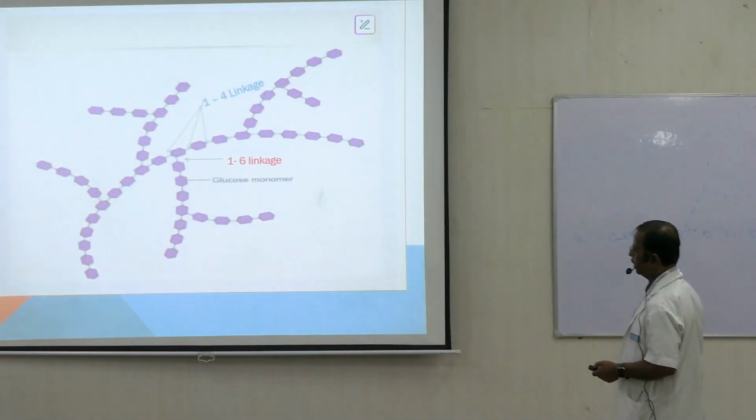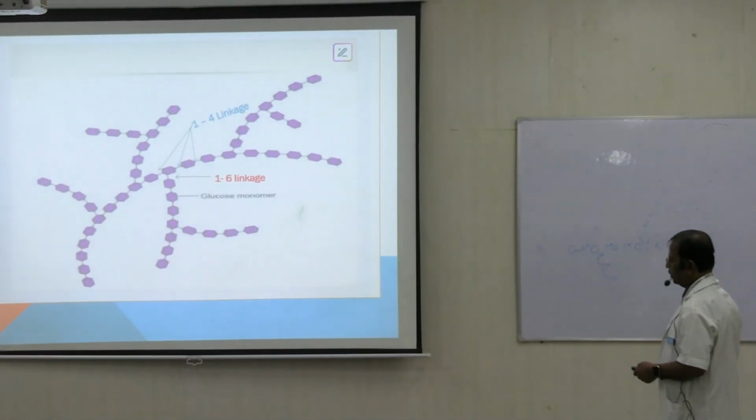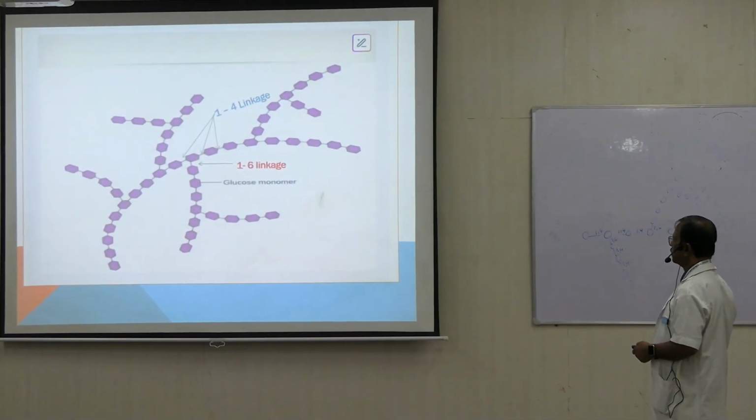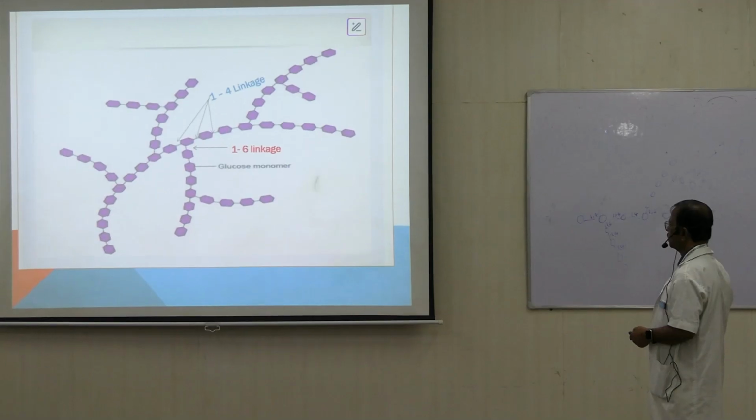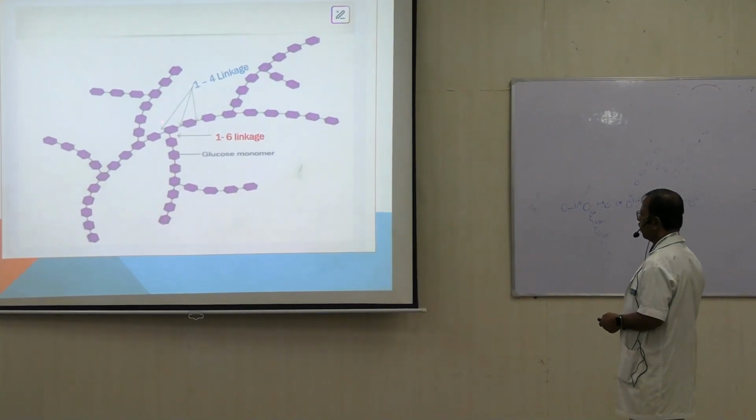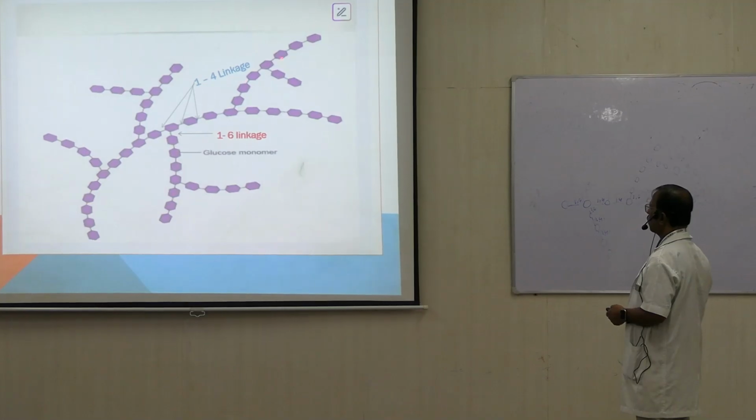Here is the linkage. This is a 1,4 linkage, this is a 1,4 linkage, this is 1,6, and then 1,6, others are all 1,4. Here also all will be 1,4.